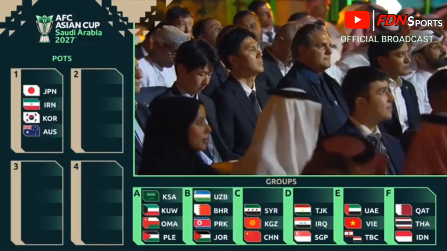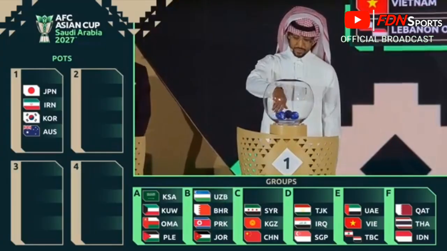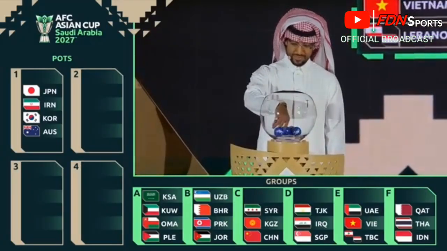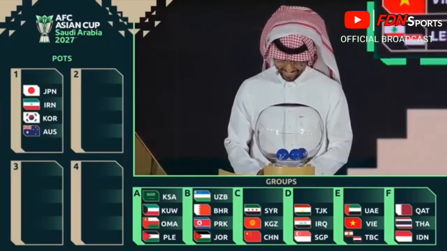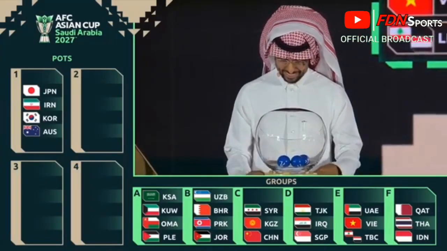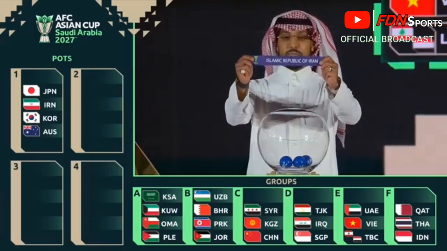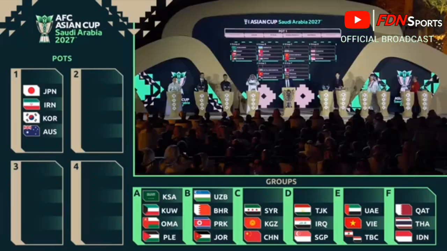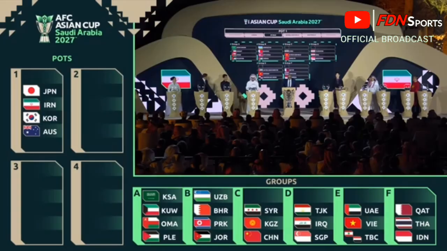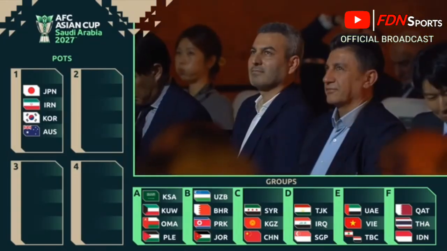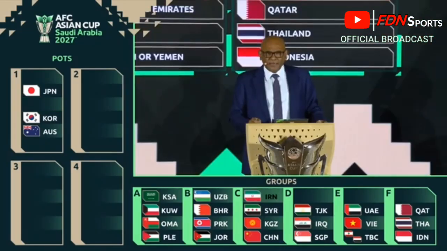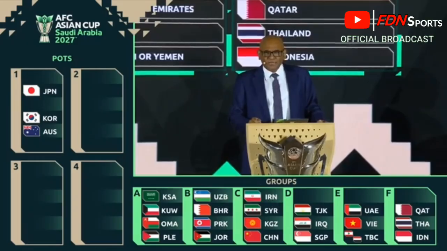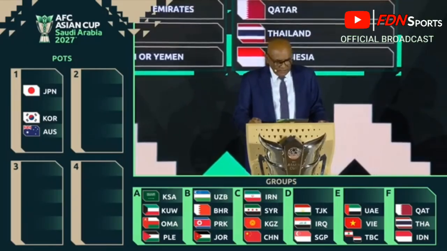Right, we move on to Group C. Salim? You can mix more. Islamic Republic of Iran. Islamic Republic of Iran making their 16th participation in a row, which is a joint record with Korea Republic. 3-time champions, 1968, 1972 and 1976. Only team to win 3 titles in a row.